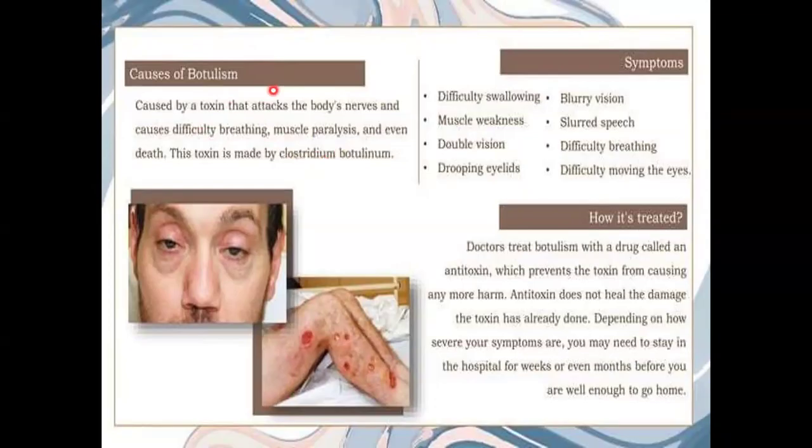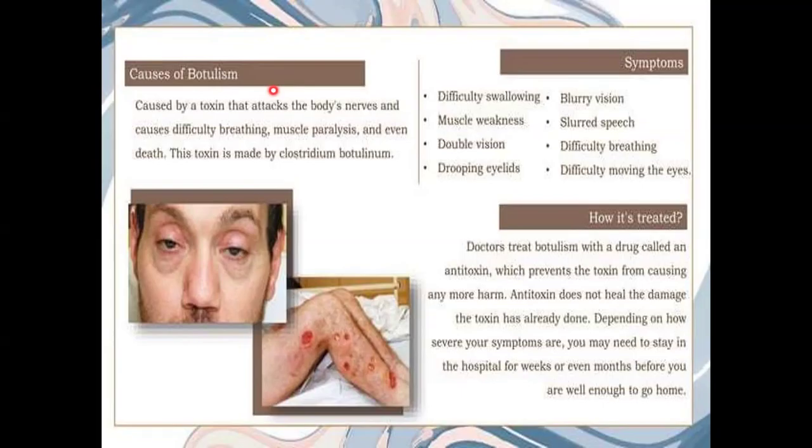So how this toxin works is the toxin will attack the nerves, go to the neuromuscular junction, and prevent the release of acetylcholine. We know that acetylcholine is a neurotransmitter that is needed, because nerves communicate by releasing neurotransmitters that go to another nerve, then cell signaling happens, and whatever you want to do, let's say you want to move, happens via that conduction.